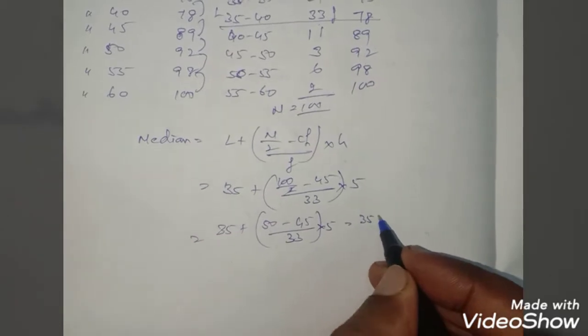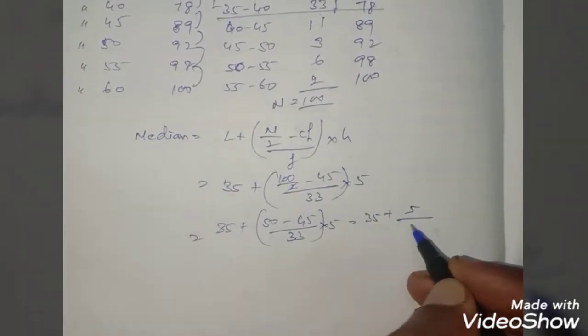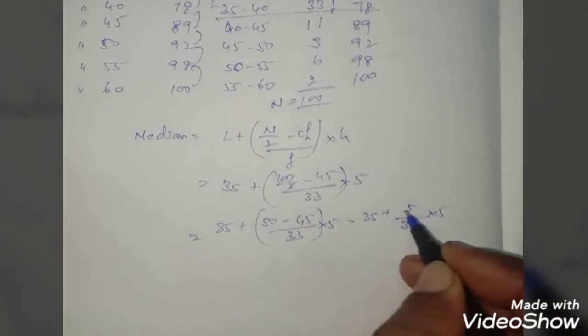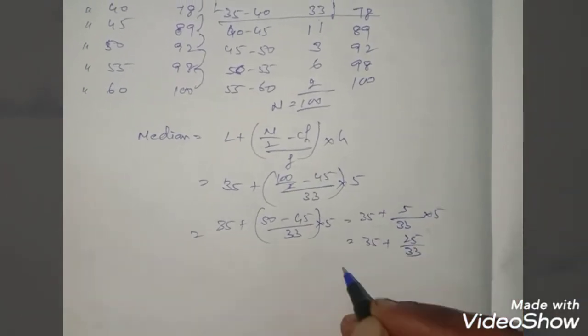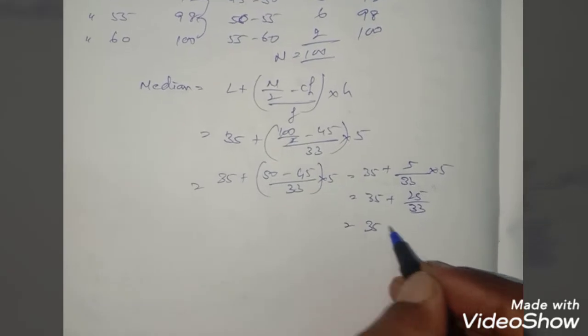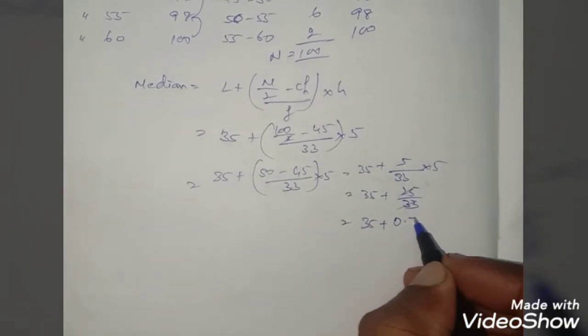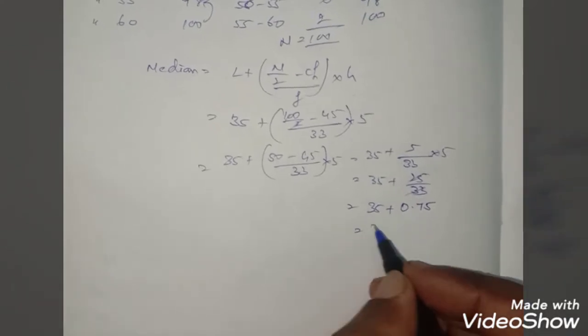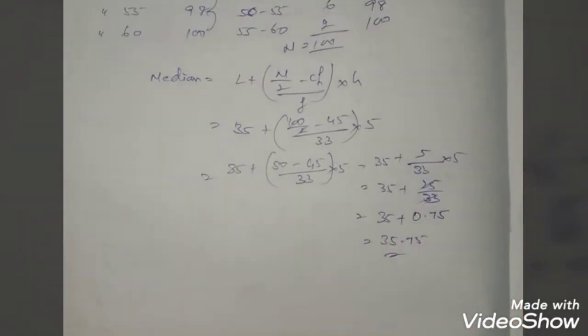Now 35 plus 50 minus 45 is 5 divided by 33 into 5. Now multiply these two, so 35 plus 25 by 33. Now if I divide 25 by 33, you will get 0.75. Now if I add, you will get 35.75. So like this you are finding your median.